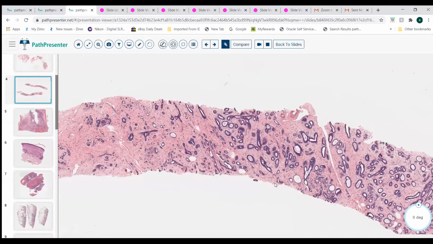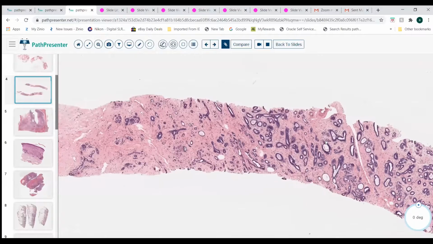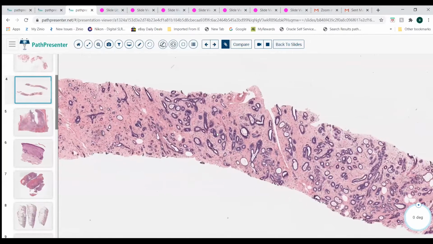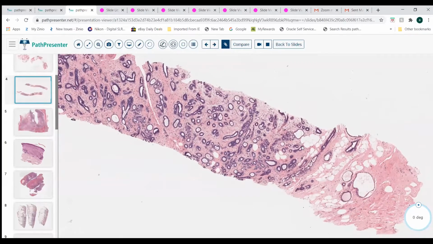But historically, usually the college will try hard to stay away from the controversial areas or the areas that come with various diagnoses. Now, this is another core biopsy.